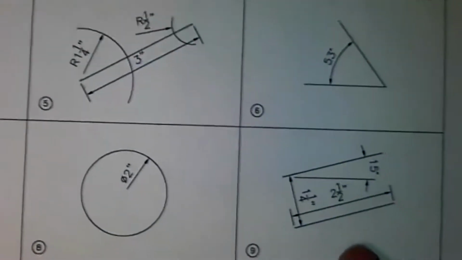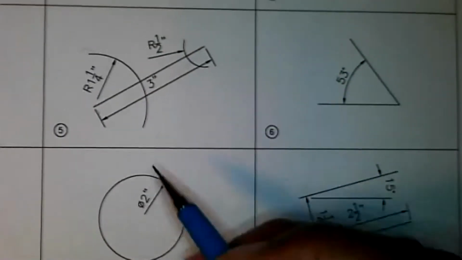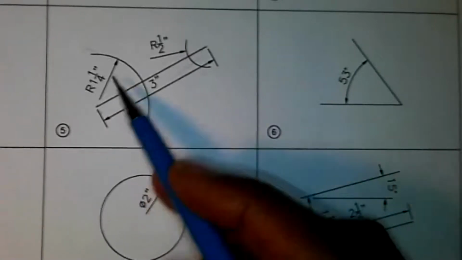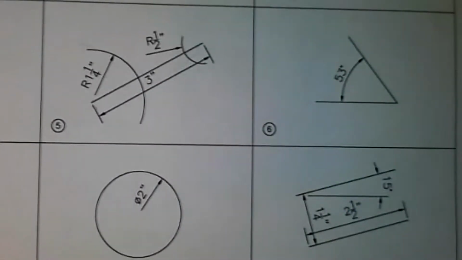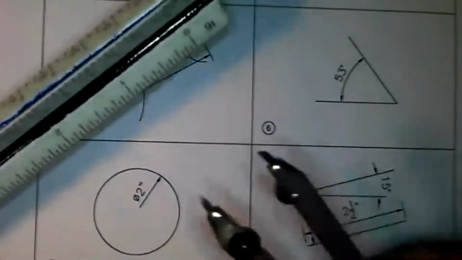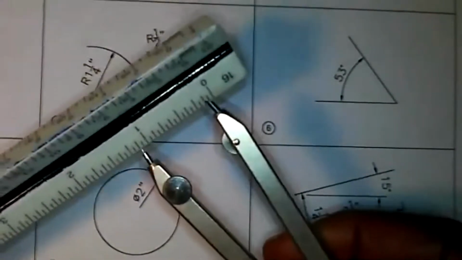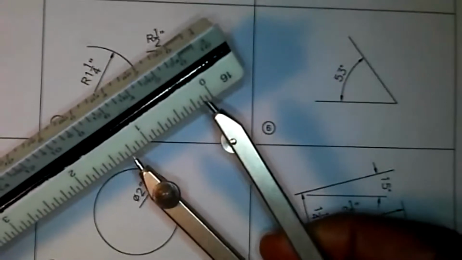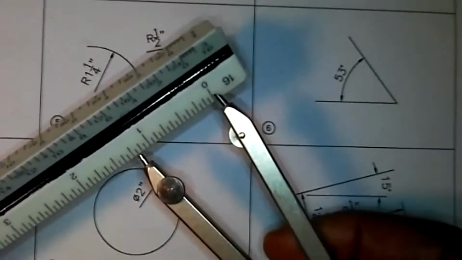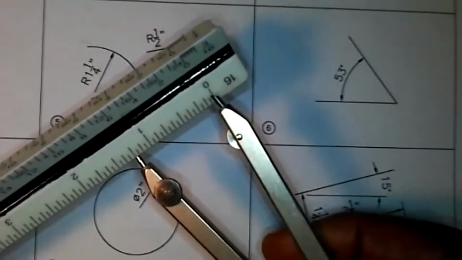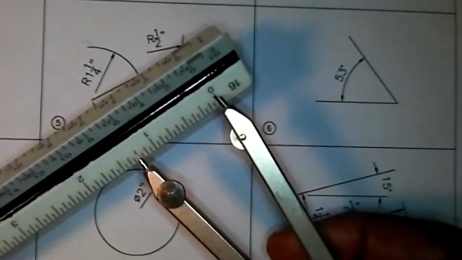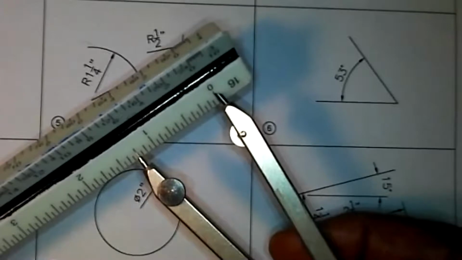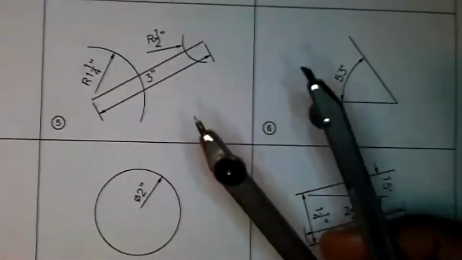So at this one end, I need to make an arc that's going to be 1 1/4 inches. All right, so I have to get my compass out again, the full-size scale, and set my compass distance to 1 1/4 inches. That looks pretty good, right?